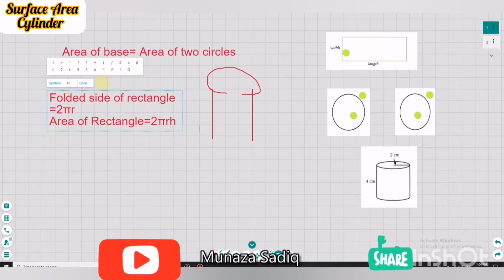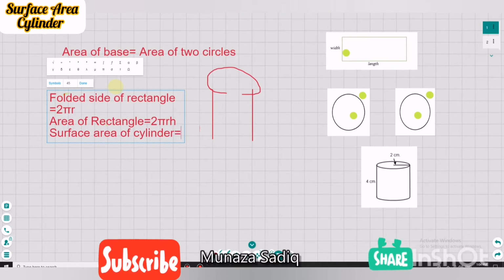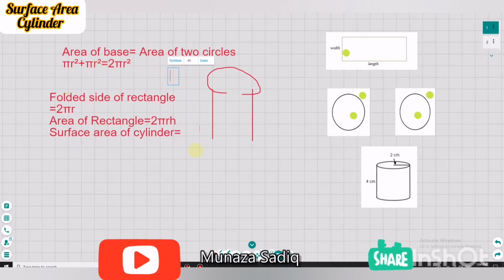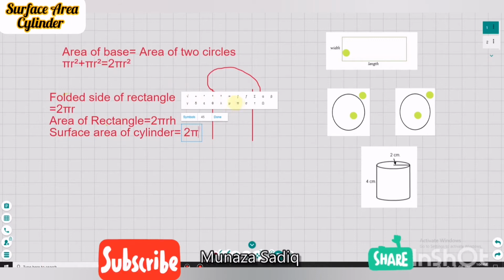So the total surface area of the cylinder is equal to the area of the base, which is 2 pi r square, plus the area of the rectangle, which is 2 pi r h.